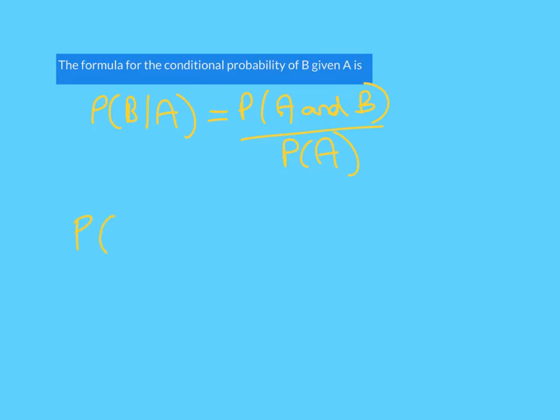The probability of A and B is equal to the probability of B given A multiplied by the probability of A. So make sure you've got those written down, and there'll be another formula that will come along in a minute.